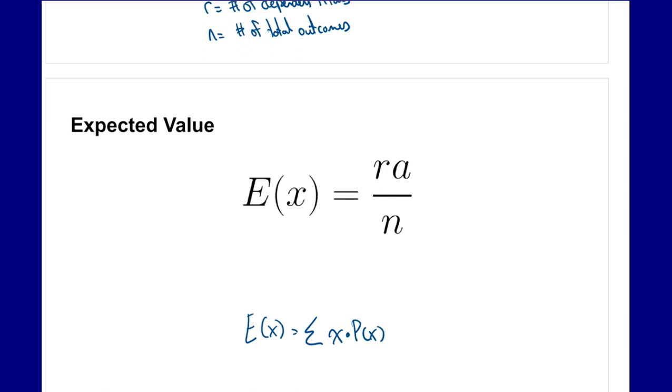So if we have a hypergeometric distribution, we could use this formula E(X), where the expected value is equal to RA divided by N. R is the number of dependent trials. A refers to the total number of successful outcomes.